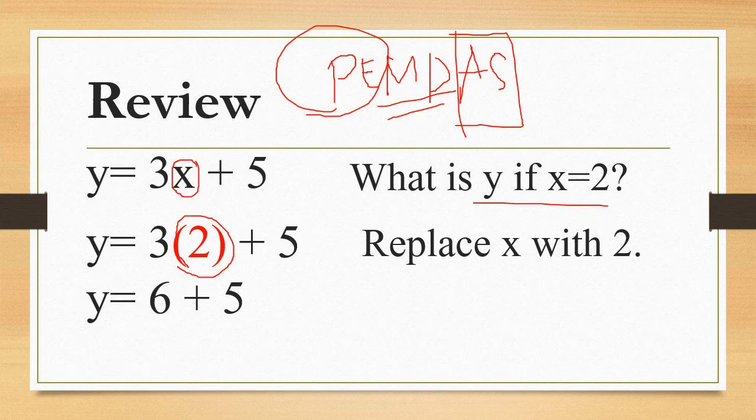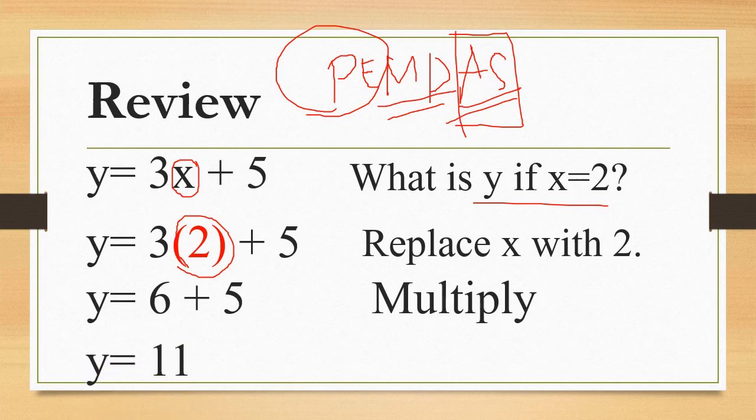So we can now multiply or divide. Kaya 3 times 2, 6. Then 6 plus 5 equals 11. So meaning, in y equals 3x plus 5, if x equals 2, y is equal to 11.